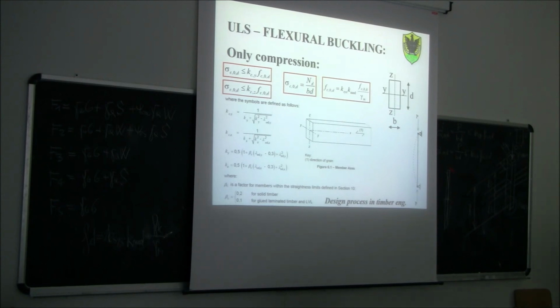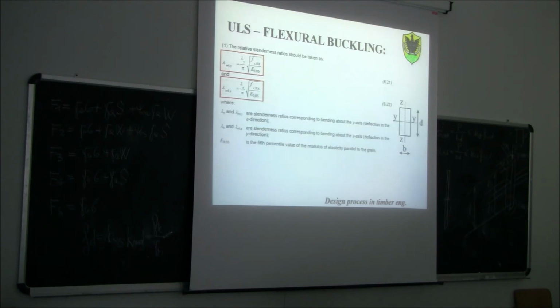So this is a defect of straightness of the member. This formula takes into account this defect of straightness, and this k factor also depends on the relative slenderness ratio.